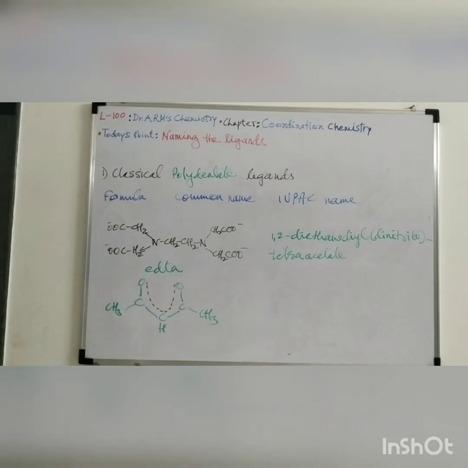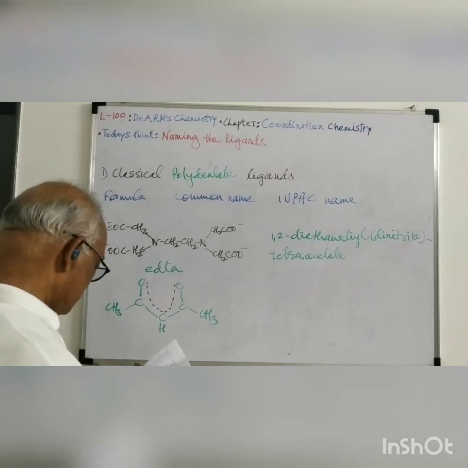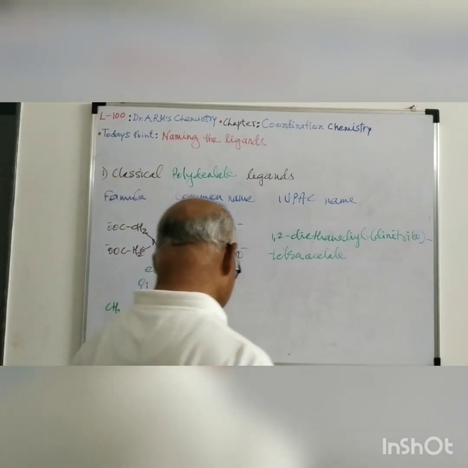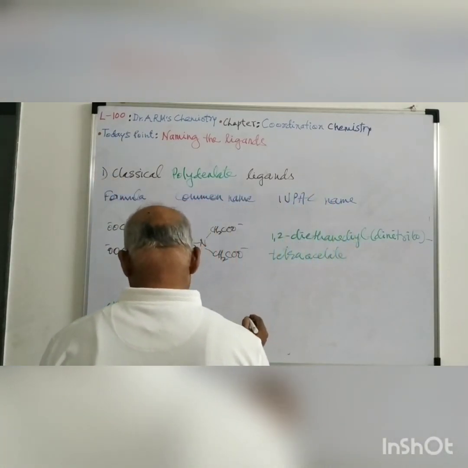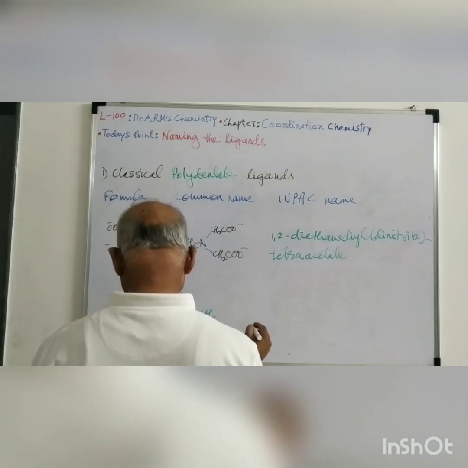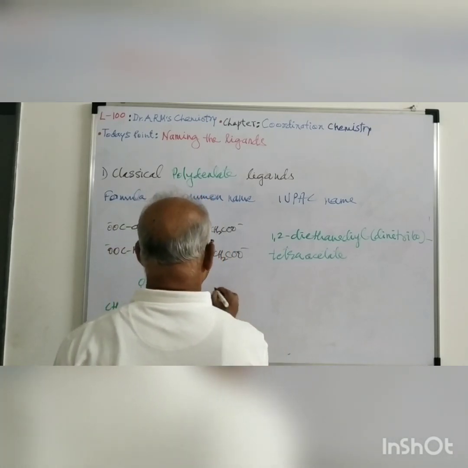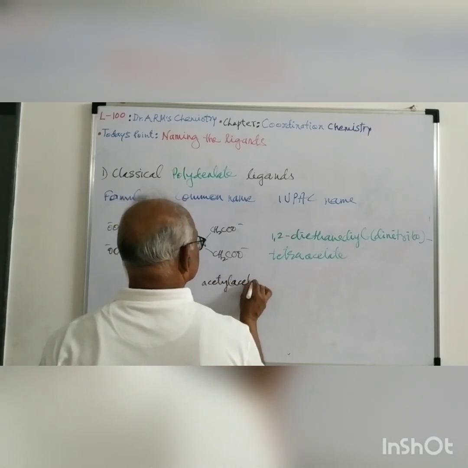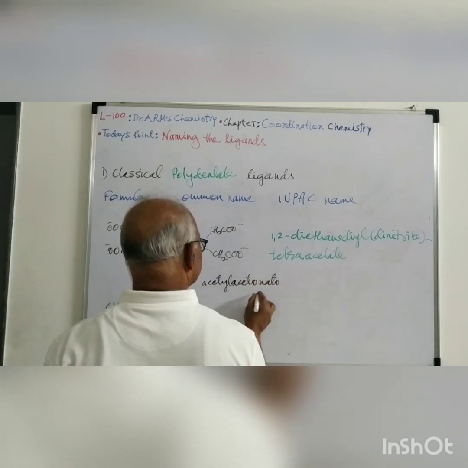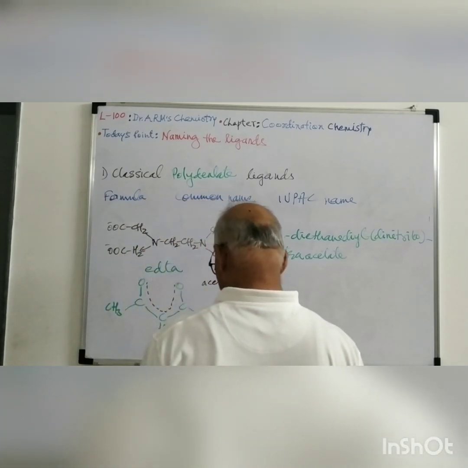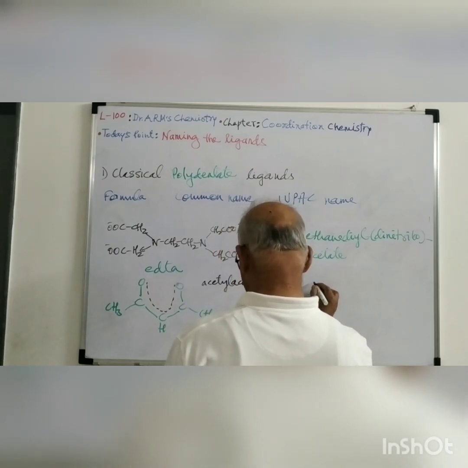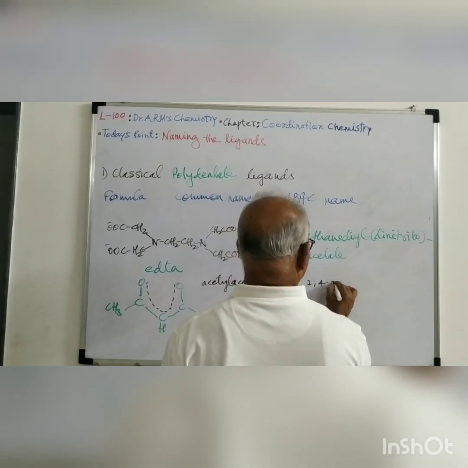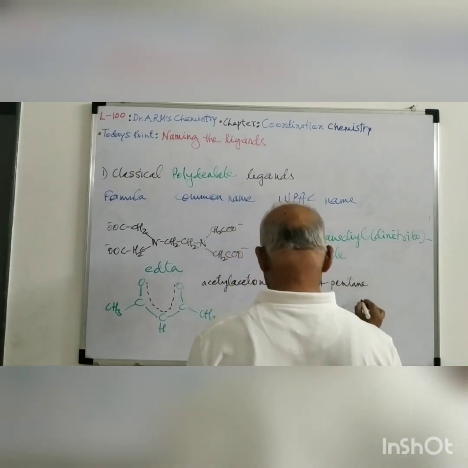This is additional or pi bonding. We can have this name like this: acetylacetonate, the common name, and the IUPAC name is 2,4-pentanedionato.